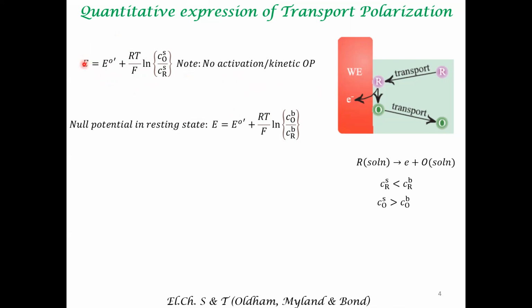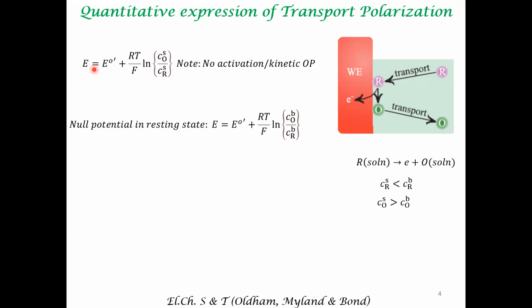With respect to E calculated using these values, if I am more positive than E, I would be pushing the reaction in the anodic direction. Likewise, if I'm less positive, I would be pushing the reaction in the opposite direction.